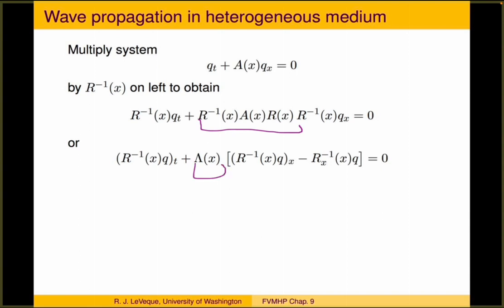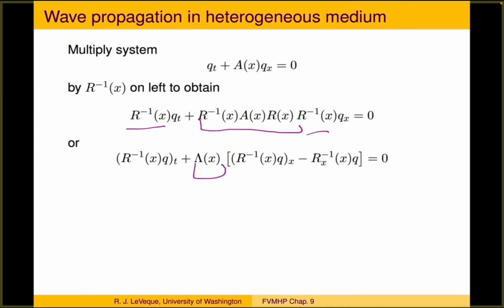And in the constant coefficient case, where R is not varying with x, then we could eliminate the R inverse from each side and write things in terms of the characteristic variables w. If we define w to be R inverse times q, we got a nice diagonal system of equations.